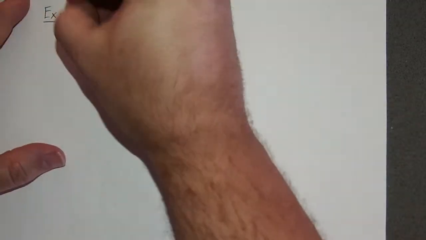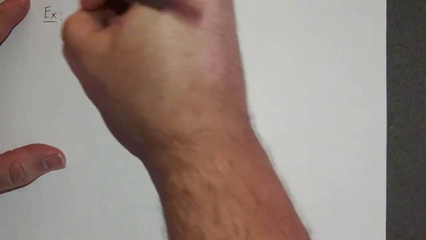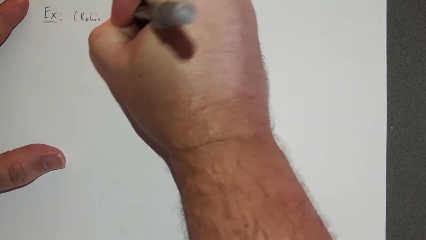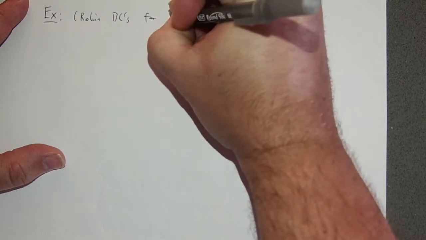But there was another boundary condition type that we discussed for both the wave equation and the heat equation, and this was the Robin boundary condition. This is a little bit more complicated, so let's do Robin boundary conditions for the diffusion equation.